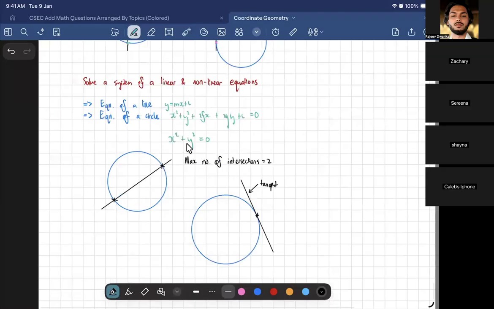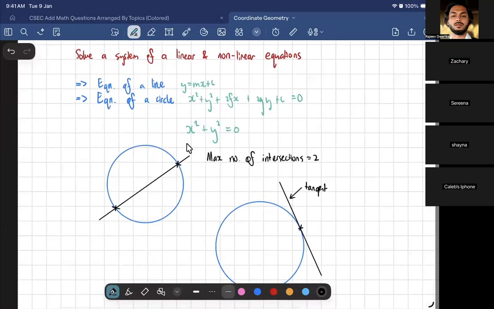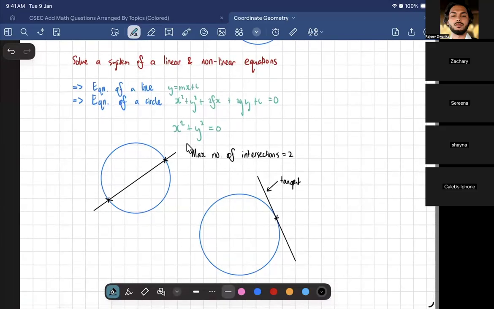I feel like the only thing you all may not know is how to solve a system of linear and nonlinear equations. How many of you can do this? Like solve simultaneously for a line and a circle. How many of you could do that? I'm not too sure, sir. All right.